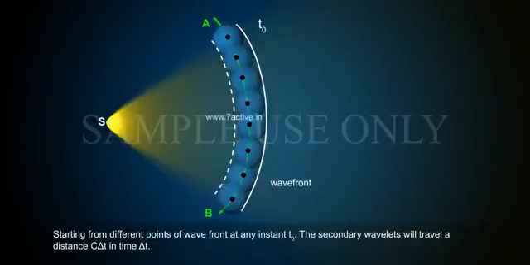Starting from different points of the wavefront at any instant t0, the secondary wavelets will travel a distance c delta t in time delta t.